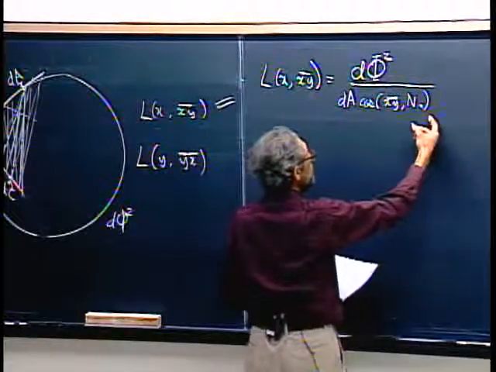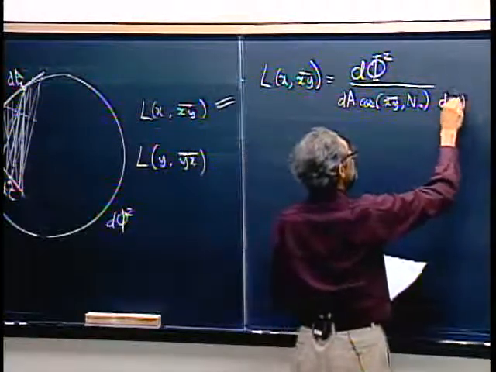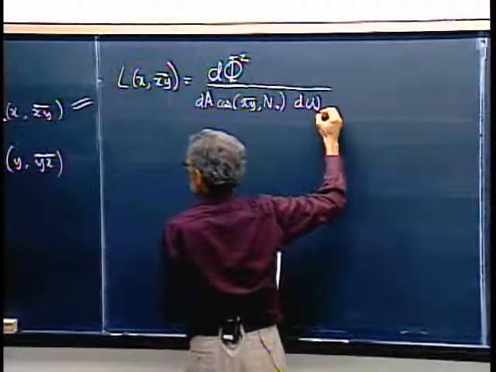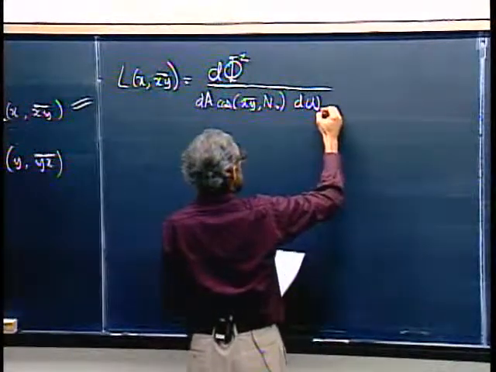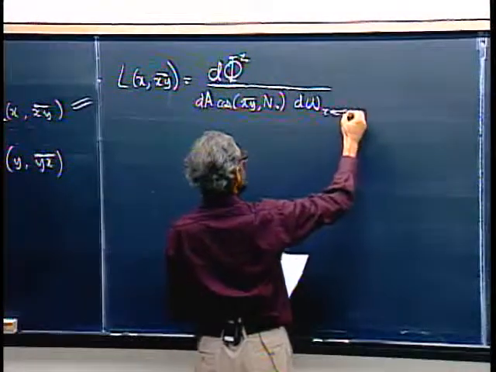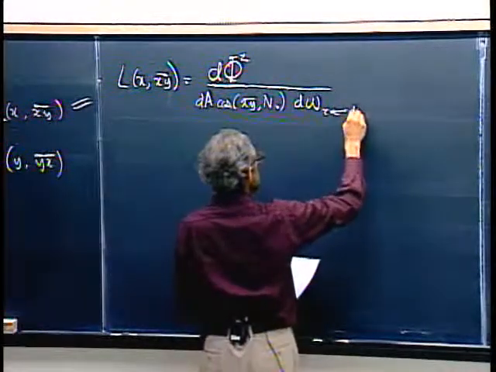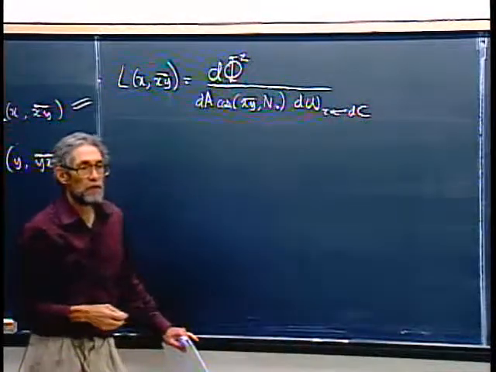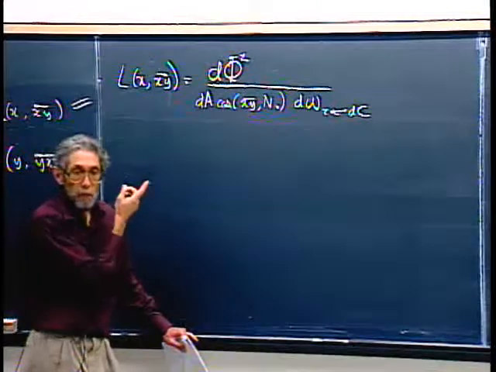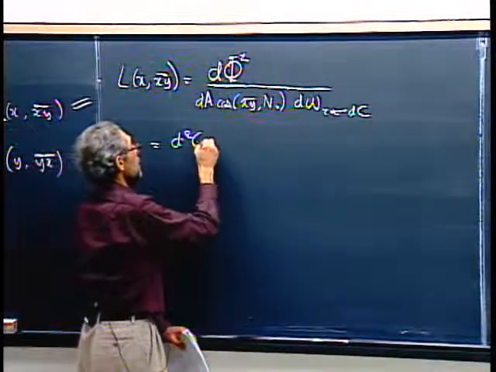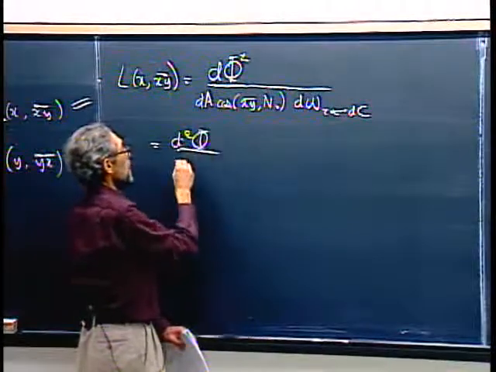That's normal to the beam, and then we have d solid angle omega, and that solid angle omega is the solid angle that the surface dC fills coming to the point X. For that, I can use my solid angle measure.